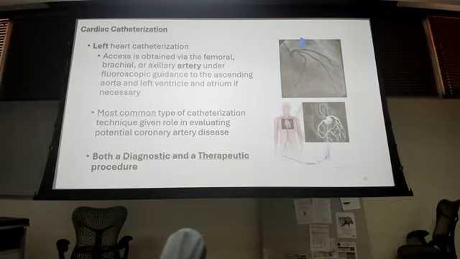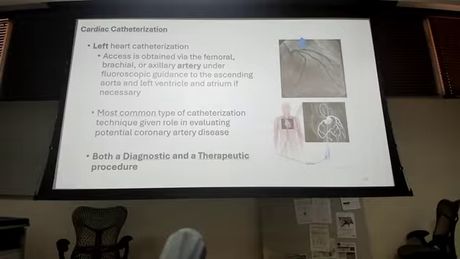The way we do a left heart catheterization is I have to cannulate, or place a wire through, an artery, i.e. the femoral, brachial, or axillary artery, thread those wires up through the aortic arch, and then access either the left ventricle, or if I'm looking at the coronary arteries, I'm going to access the coronary arteries with those wires.